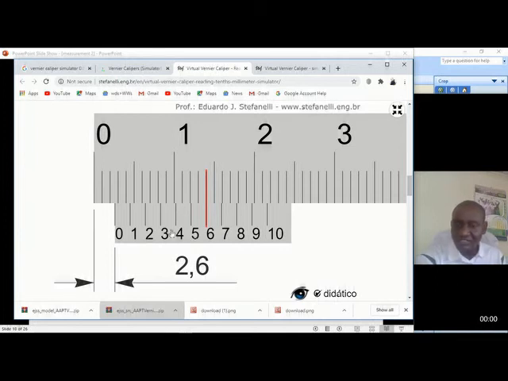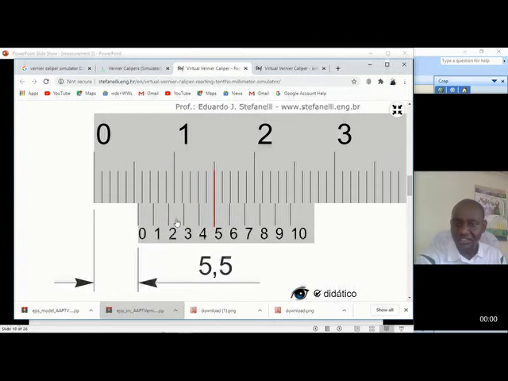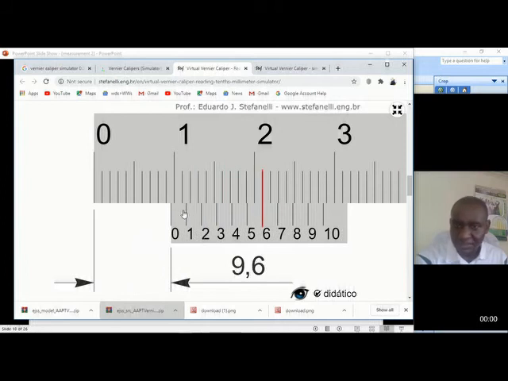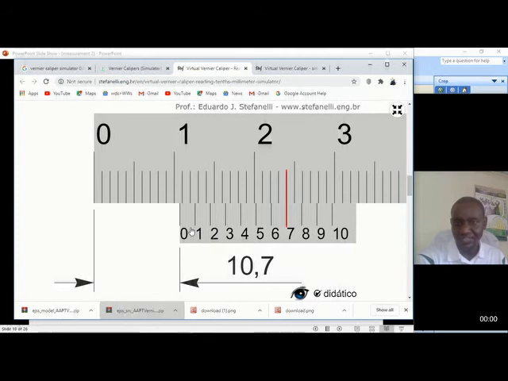What is in the vernier scale is your second decimal place. If I place it here, you read up to where the vernier scale starts, 0.5. Which division coincides? 6. So the answer will be 0.56. Come here. This is 0.9. Which division coincides? 6. So the answer will be 0.96.